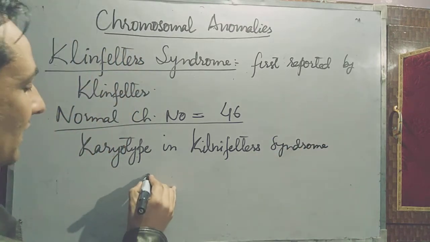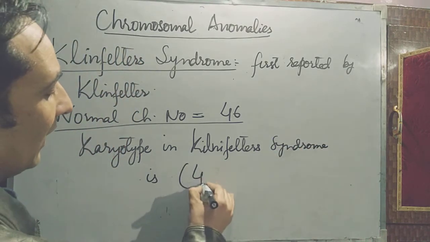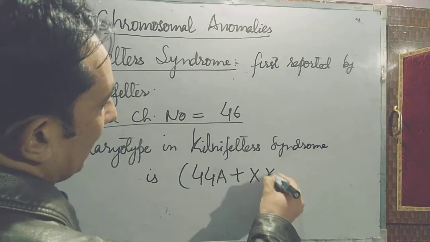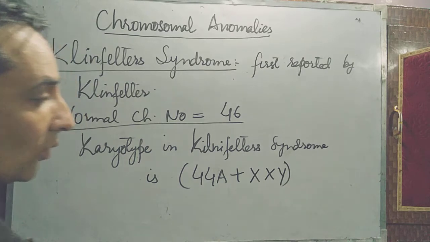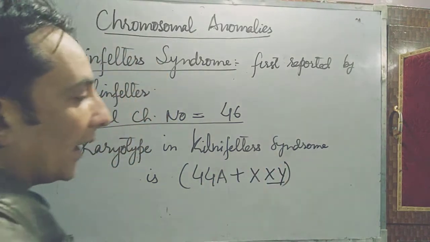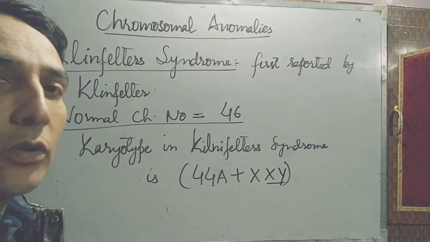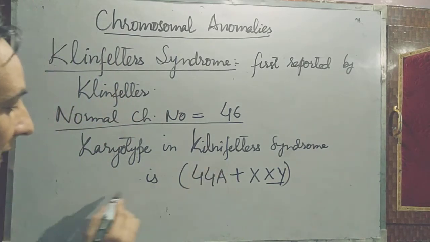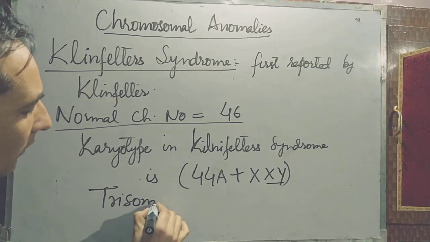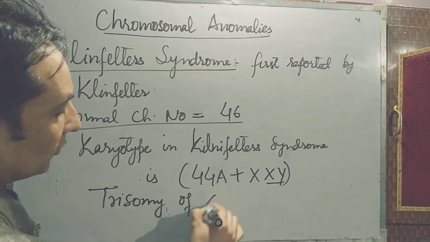In Klinefelter syndrome it is like this: 44A means 44 autosomes plus XXY. So if it's a male, then the chromosomes should have been XY, but there is one extra X chromosome, so we define this as the trisomy of X chromosome.